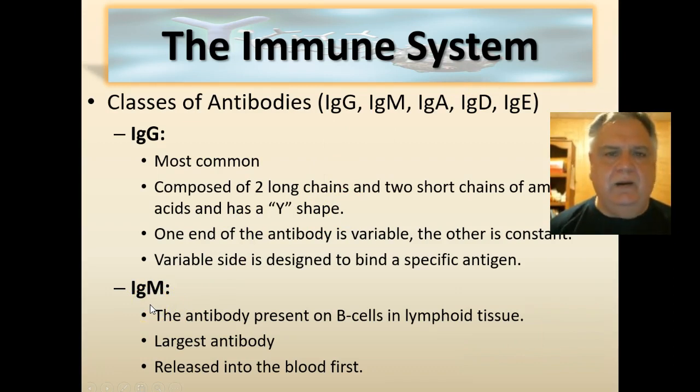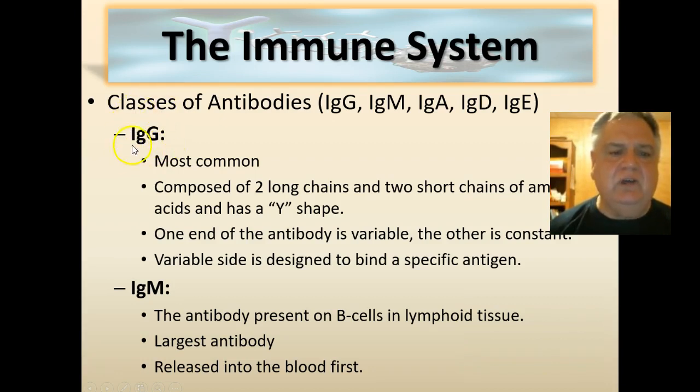But later, as the response continues, the plasma cells switch from the production of IgM to the production of IgG antibodies.